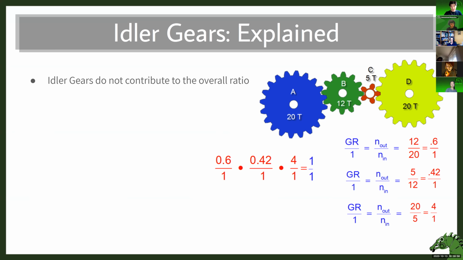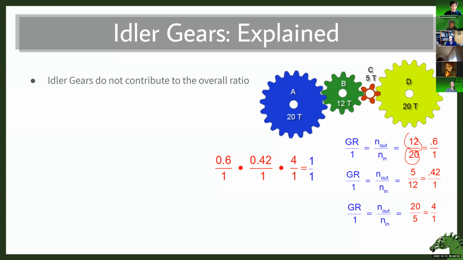Over here on the right, it's showing the ratios between each of the gears specifically. Basically, they're isolating the systems. From A to B, if A is the driving gear and 12 is the driven gear, output over input, you get 0.6 to 1.